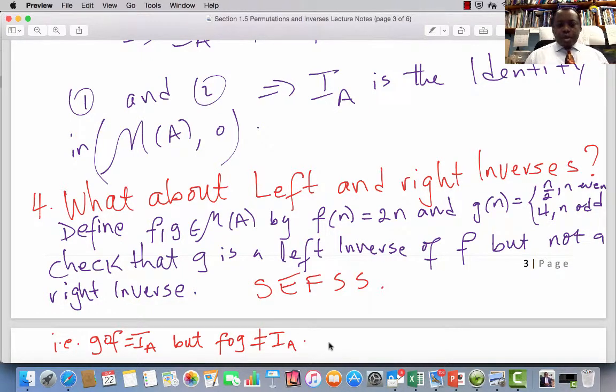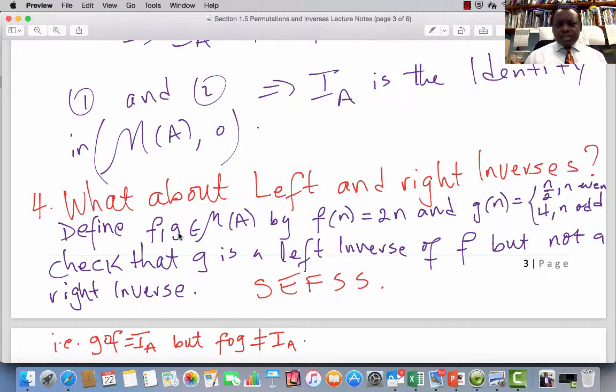Now, this is where you come in. I want you to define two maps f and g in M_A, where A is the set of integers, such that f composed with g is I_A and g composed with f is I_A. In that case, f would be the inverse of g and g would be the inverse of f.